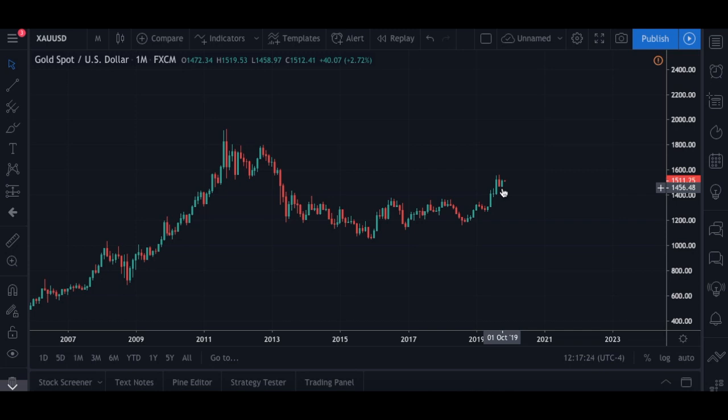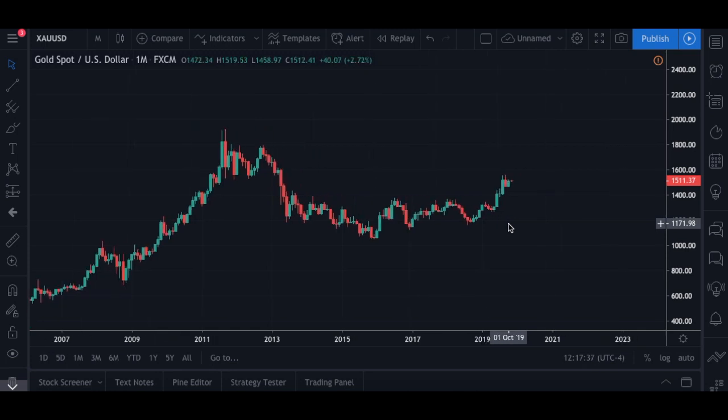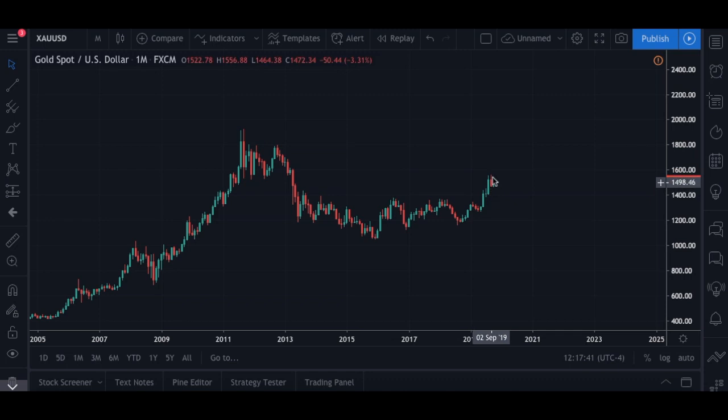I feel like EMAs are probably the most accurate when it comes to indicators if I had to choose one, but either way, I still don't think they're so beneficial. So I like training my eye to see what's going on, using different price points and seeing what candlesticks are doing to really just trade. I feel like that is such a cool skill to have, so I work on that every single day.